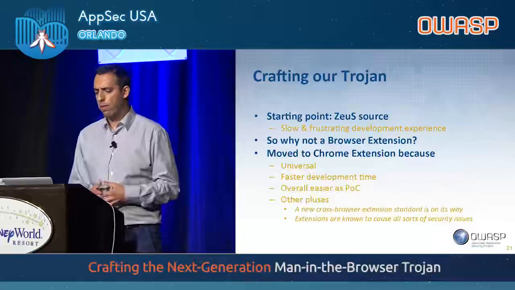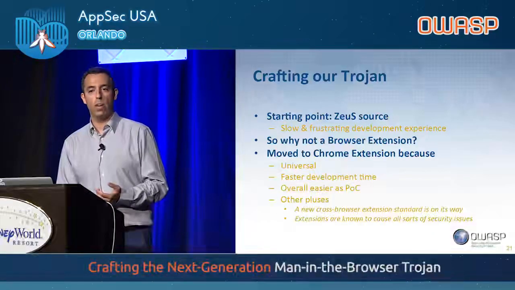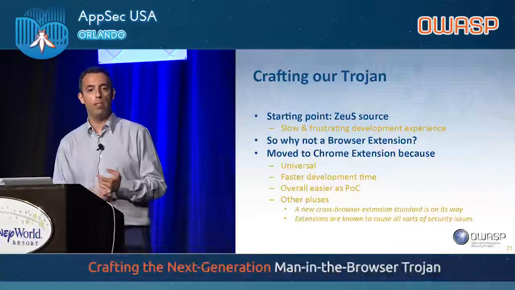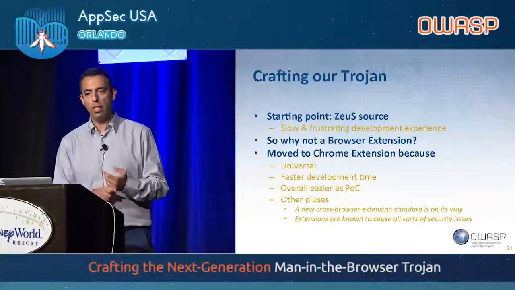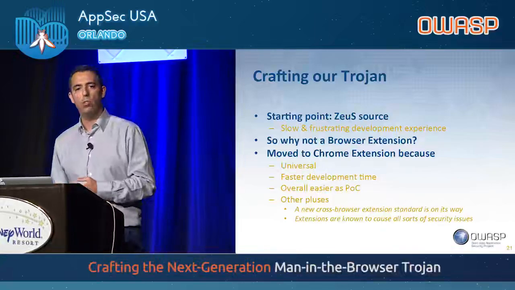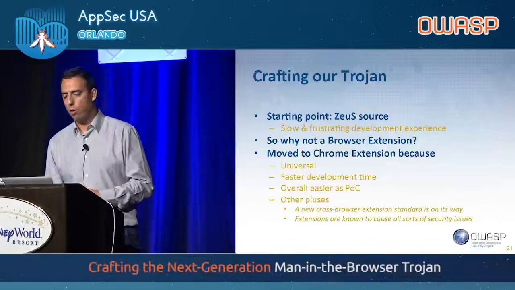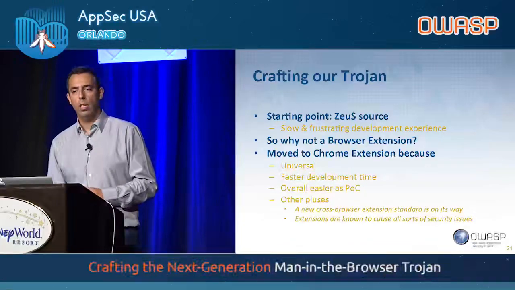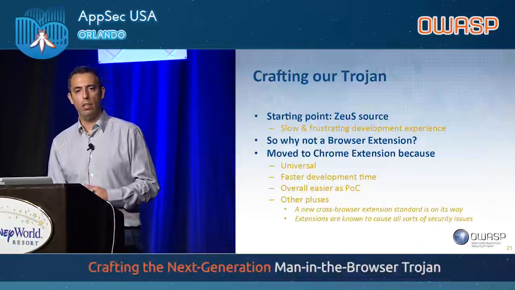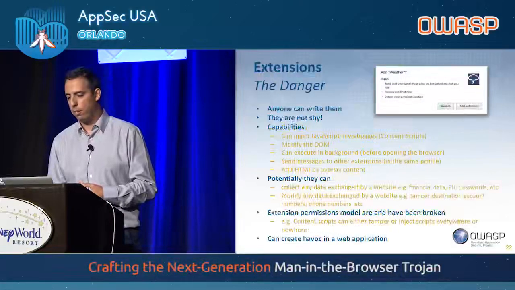And it had other advantages too. There's a new cross-browser extension standard on its way, and it's based on Chrome extensions format. So by doing this as a Chrome extension, we are on our way to support the future standard. Also, extensions are known to have all sorts of security issues, so it was very appealing from an attacker's standpoint.